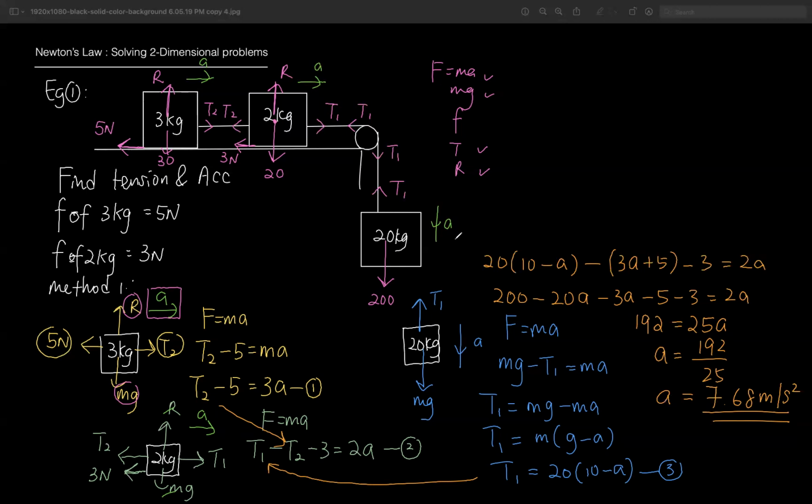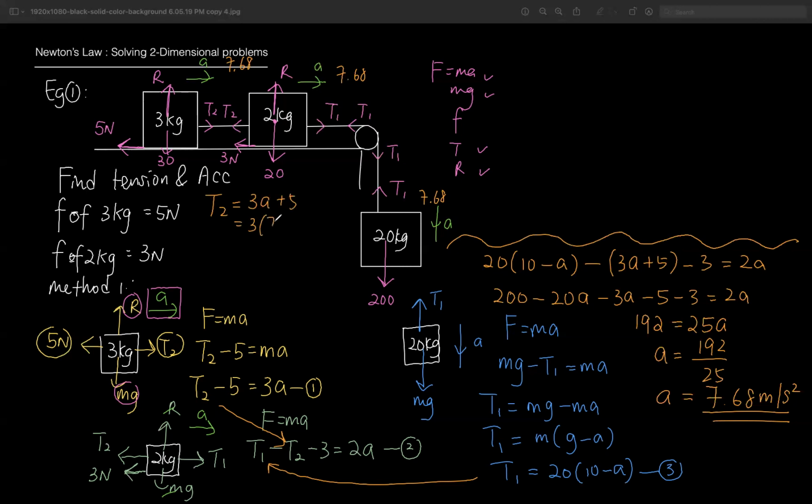Okay, now once I have the acceleration, that means this one accelerates at 7.68, this one 7.68, this one 7.68. Then we find the tension. Already got a, then you substitute a into equation 1. So T2 equals 3a plus 5.